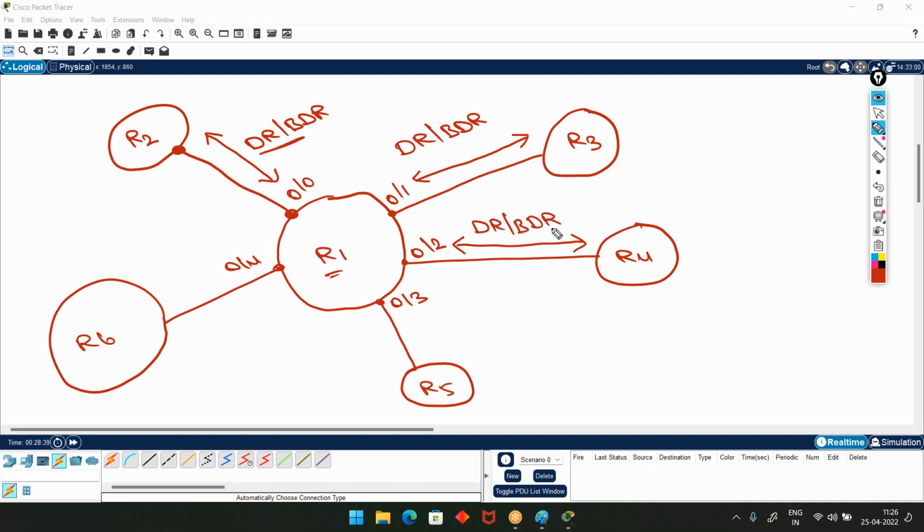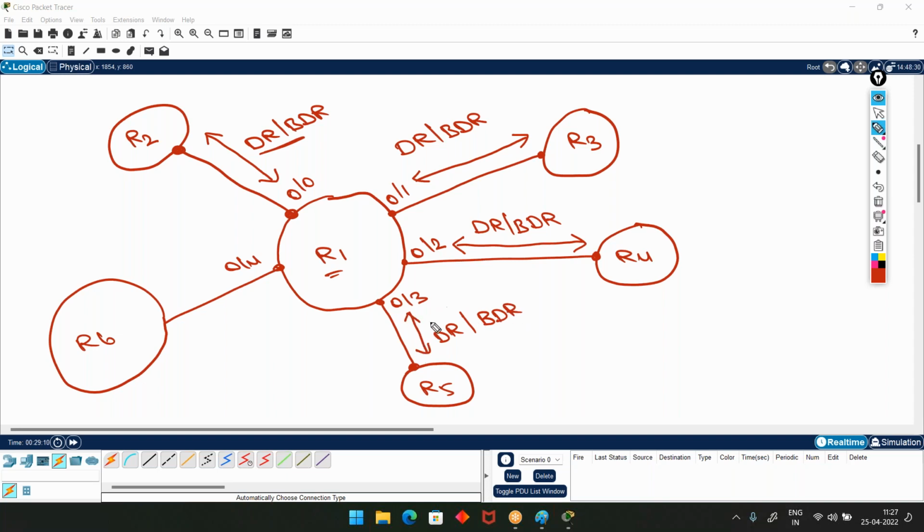You can check this here. Between these two interfaces, I can see the DR and BDR election again. Between the 0/3 interface and the R5 router, I can see the DR and BDR election as well.